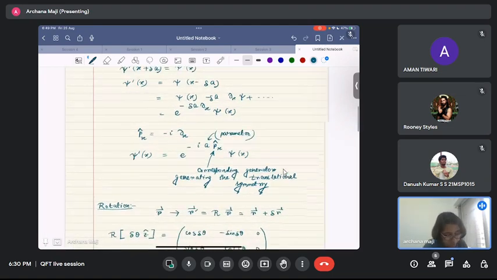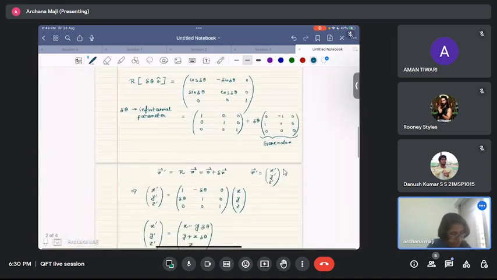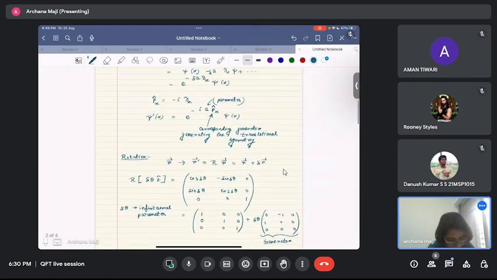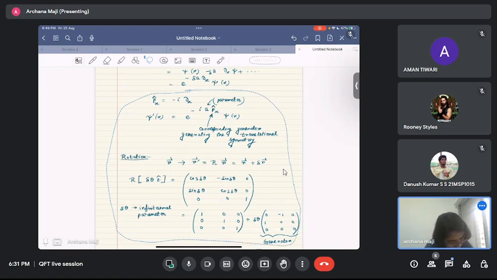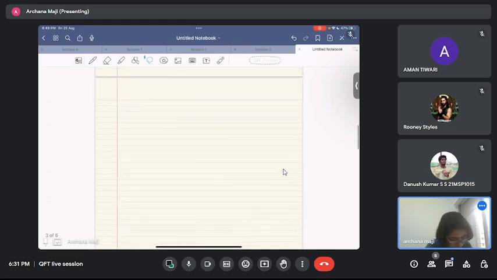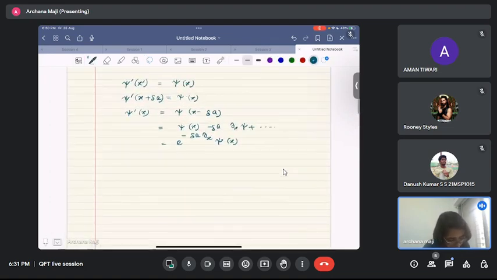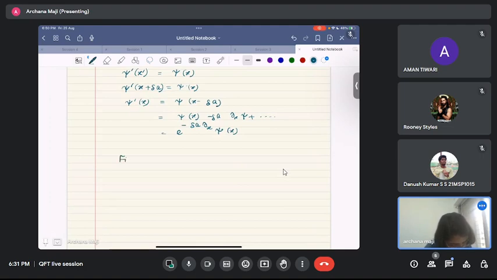But in order to get the finite translation, what we can do is, by finite translation I mean x is becoming, let's say, x prime, which is x plus a, where a is finite.